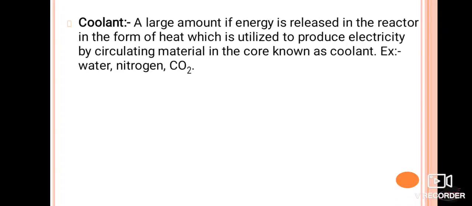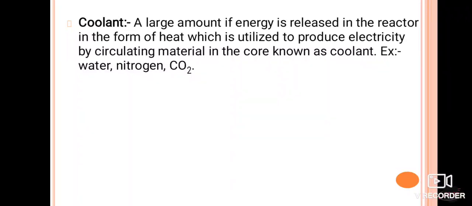Coming to the next part, the cooling system, or we can call it the coolant. A large amount of energy is released in the fission process, in the form of heat, and it appears in the reactor core.